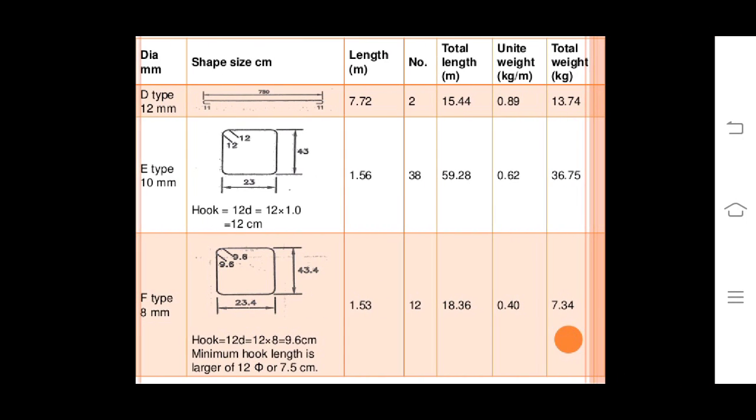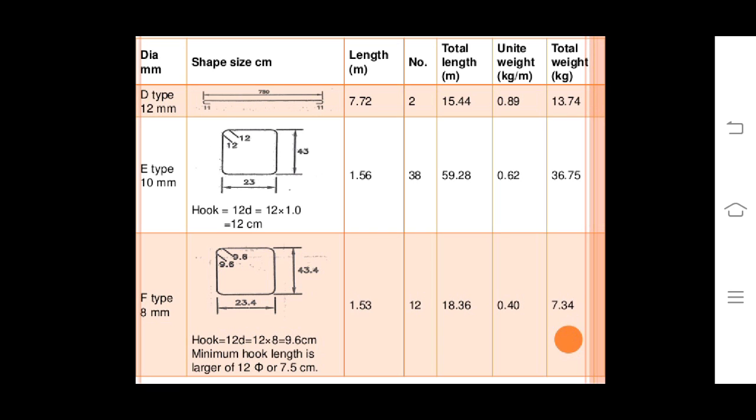For D type 12 Ø straight bar, the total weight as calculated is 13.74 kg. For 10 Ø stirrups, the total weight of bar required is 36.75.